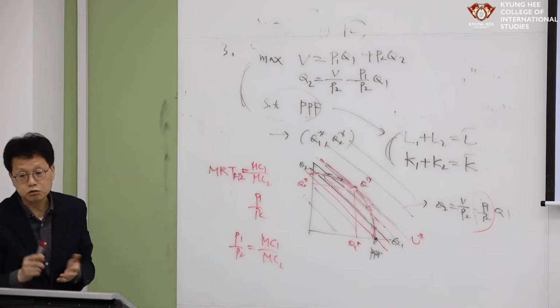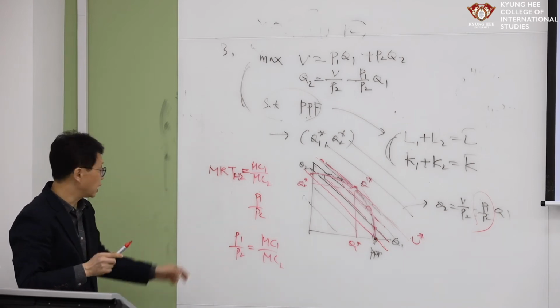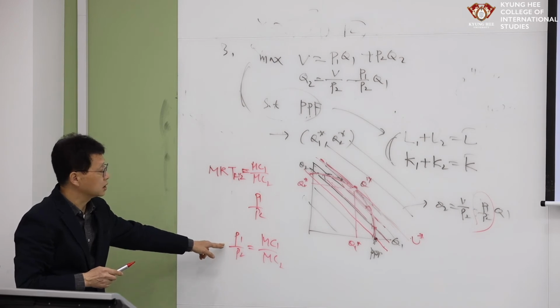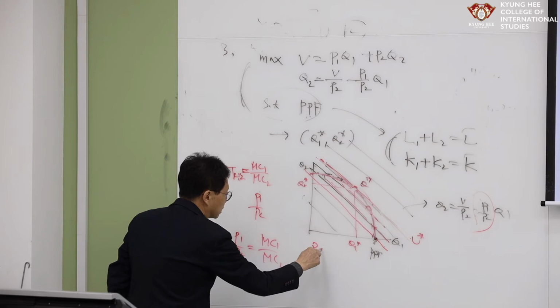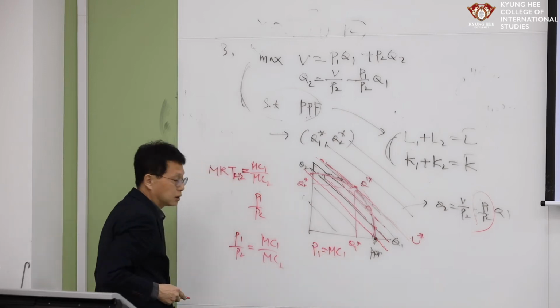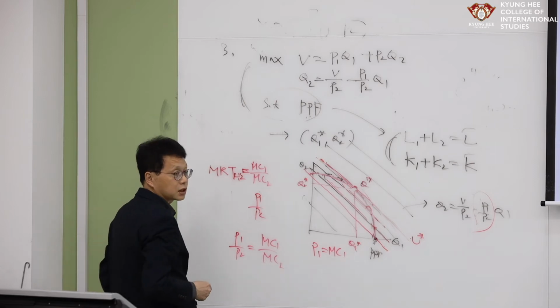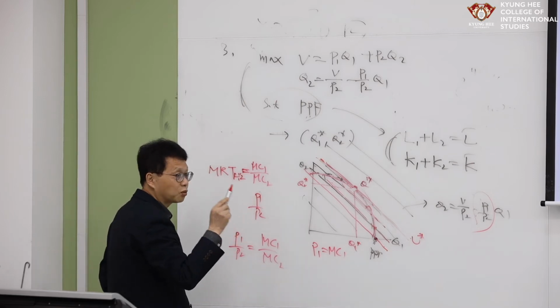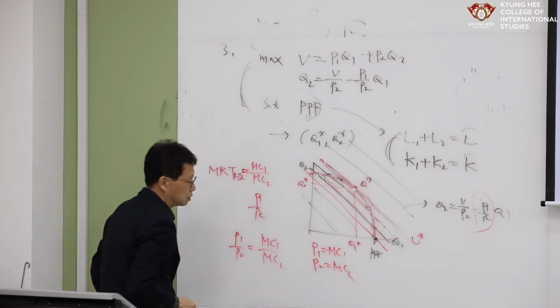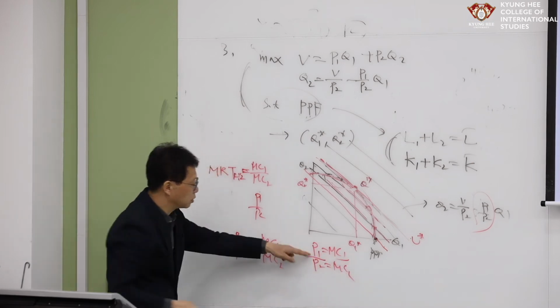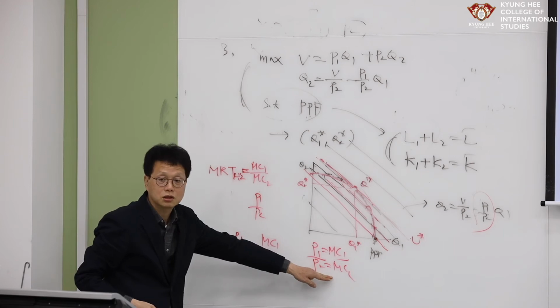Right? And look at this. In section 2, that is a conclusion of section 3. In section 2, we said Q1 star is decided by P1 equal to MC1. The profit maximization condition to decide the optimal production of Q2 is P2 equal to MC2. From here, we know that P1 over P2 is equal to MC1 over MC2, isn't it?